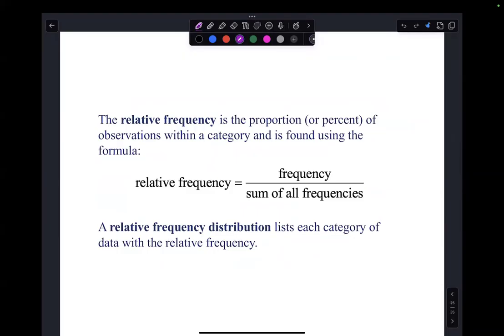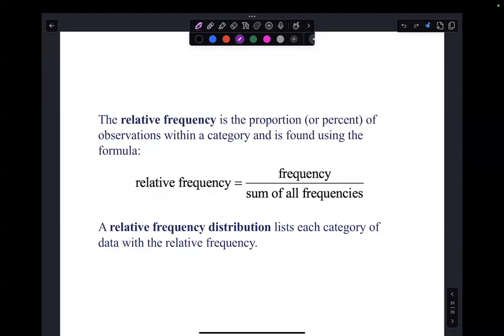I want to know what percent was blue, and using a percent or a proportion makes it a lot easier than saying my bag had 3 blue, well, my bag had 6 blue. You really don't know which one had relatively more, because maybe their bag was twice as big. So putting them into relative frequency, I can compare apples to apples.